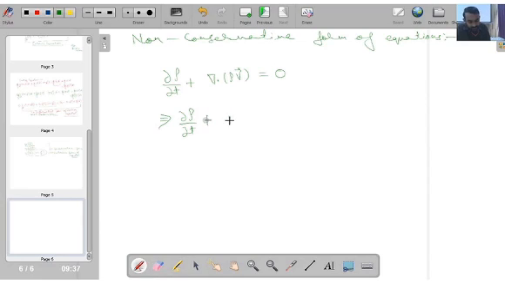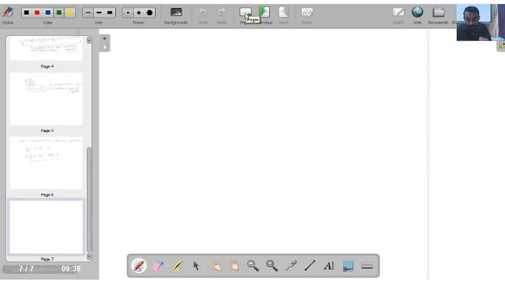So I can write del rho by del t plus rho times divergence of v vector plus v vector times gradient of rho, and this is equal to 0. Here I have to make some analogy, but before making that analogy, let me introduce you to one more small topic.